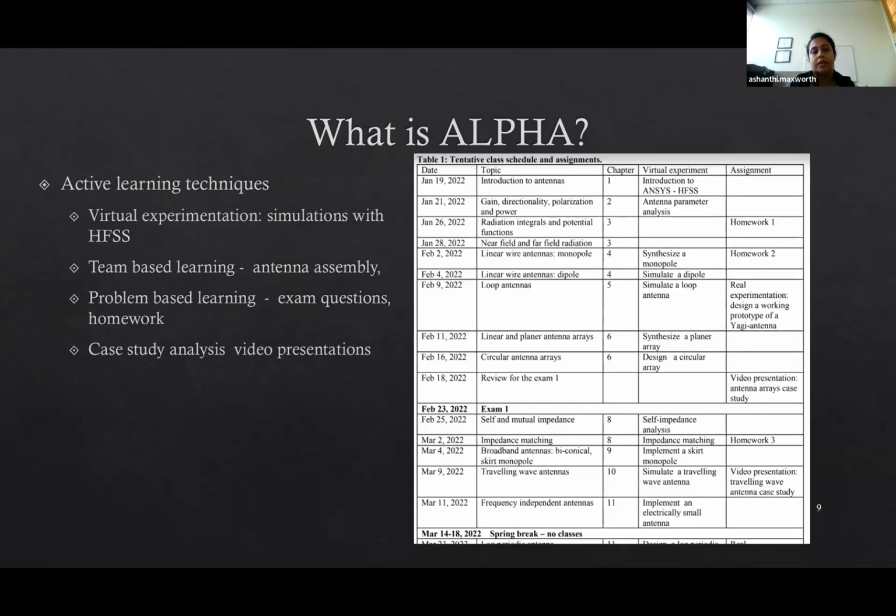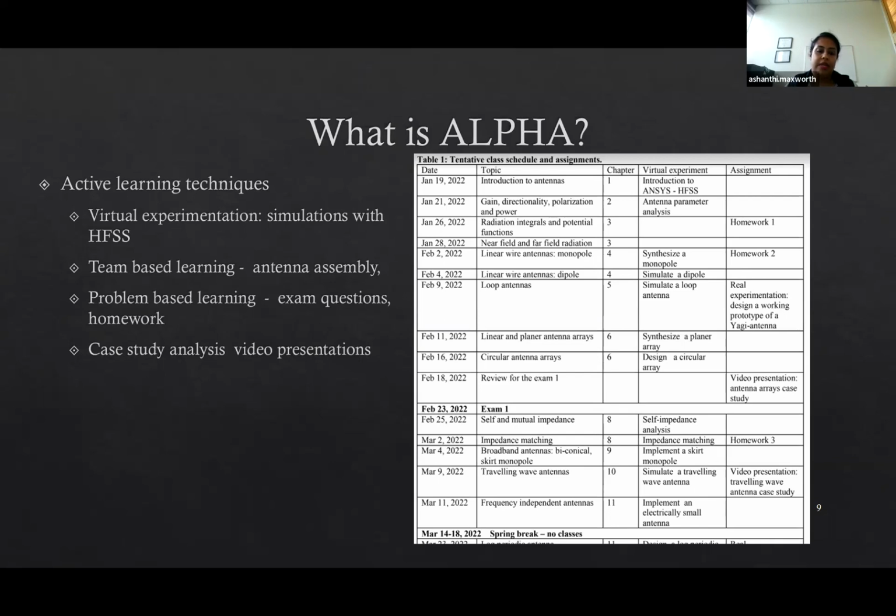So this is how a typical syllabus looks. In other words, these are the active learning techniques I combined. The main one is the virtual experimentation, where we do a lot of simulations in class. There is also some team-based learning where they have to build things as a group, not larger than 3.